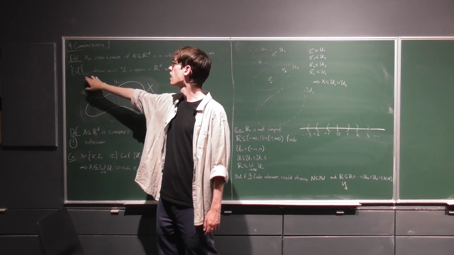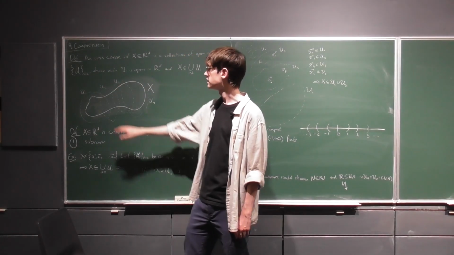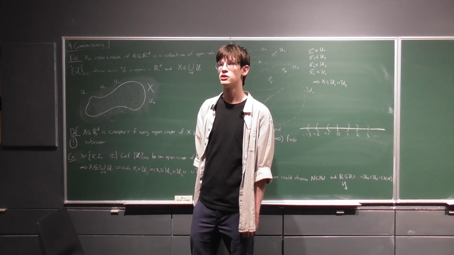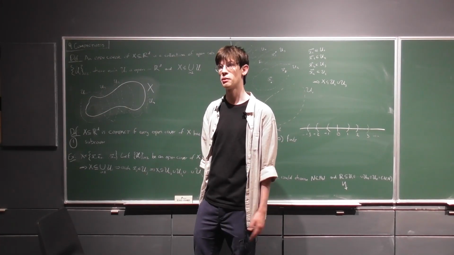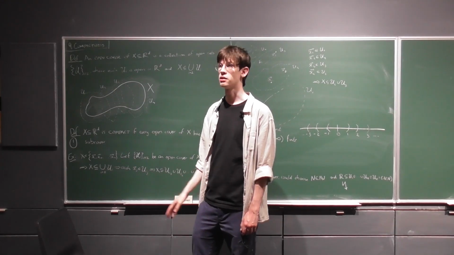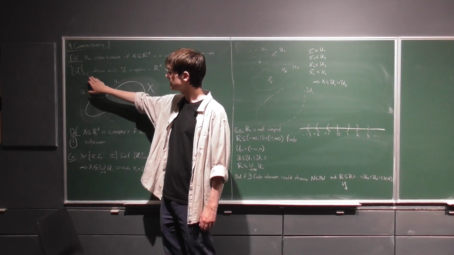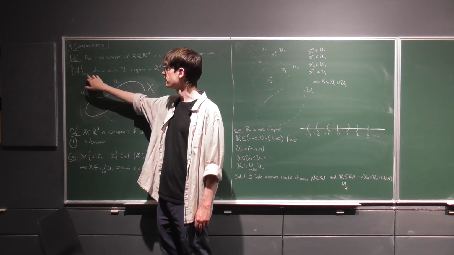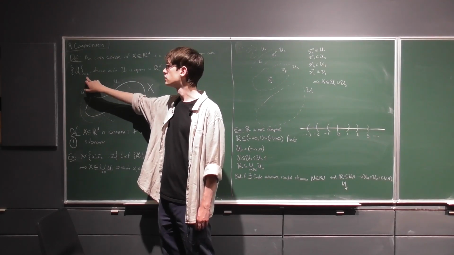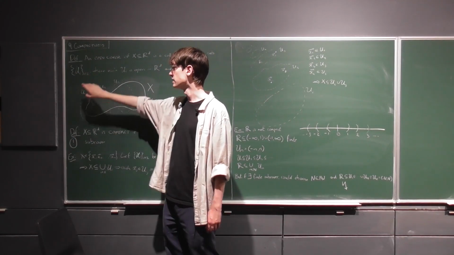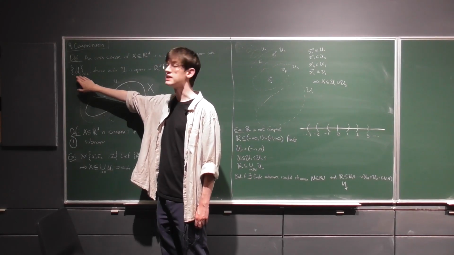It just means that i is an element of this big I, where big I is some indexing set. So that could be a finite amount of numbers, it could be 1, 2, 3. It could be all the odd numbers, it could be the natural numbers. Just any set here, potentially infinite, which is used to index each of these U_i. So it gives us some way to make sure that we've listed them all out.